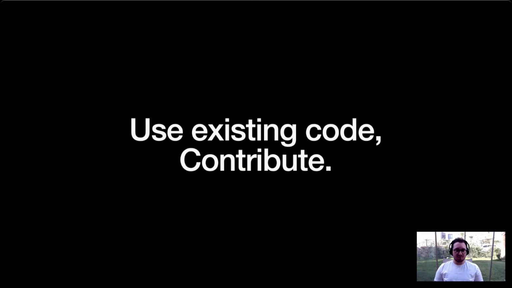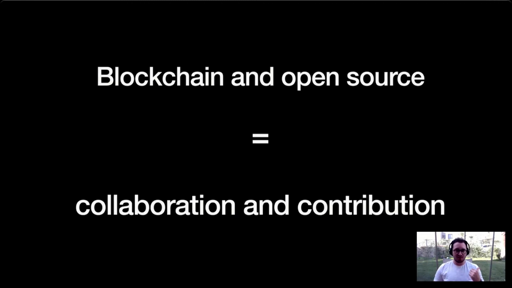The other thing is use existing code and contribute. Don't reinvent the wheel. Use existing smart contracts, use existing logic, and then contribute back to the community, because blockchain and open source equals collaboration and contribution. That's the biggest rule we have, and this is the biggest power of blockchain. Just collaborate and contribute back.